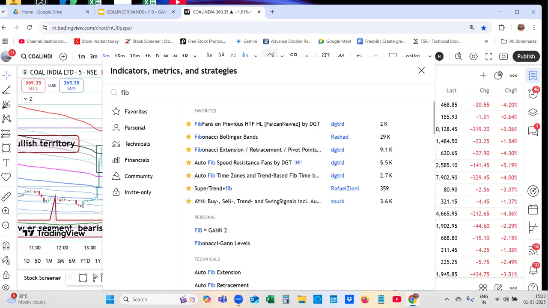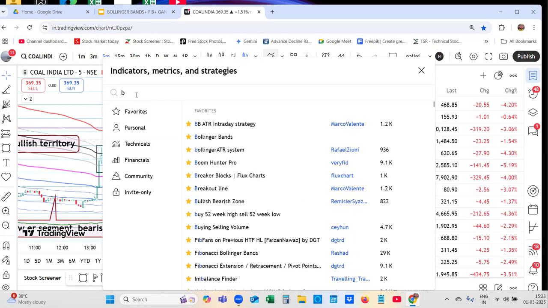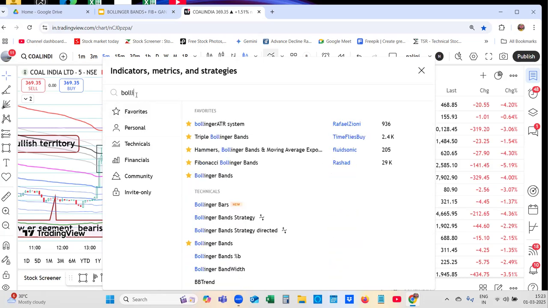So I started searching the indicator section and found this indicator, the Fibonacci Bollinger Band.